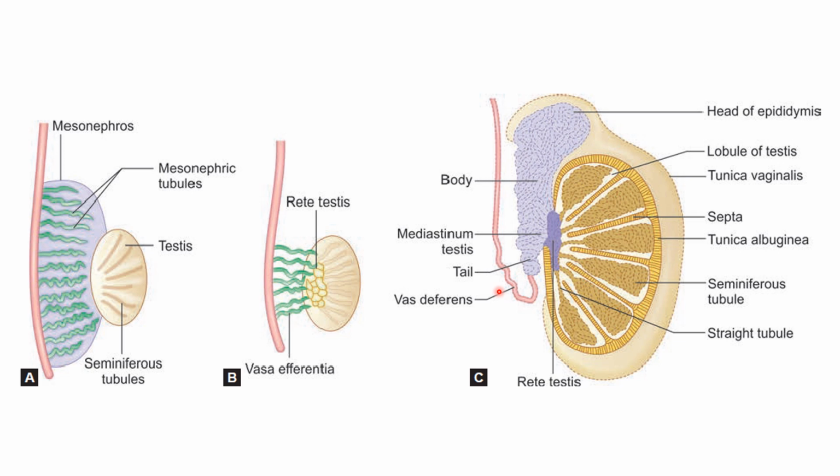The seminal vesicle arises on either side as a diverticulum from the lower end of the mesonephric duct. We already know the mesonephric duct is going to open into the urogenital sinus. Just before it enters into the urogenital sinus, it gives off the ureteric bud.